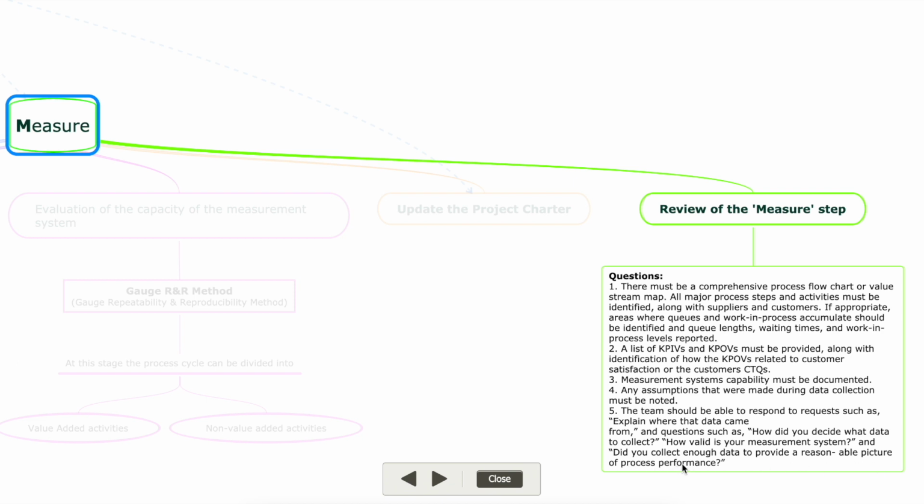So the team must understand the process very well, and it should be able to answer these questions: how they collected the data and why, how they decided to collect this particular data, meaning why not others, why these properties are measured, how valid these measurements are, and whether the data that you have collected is really sufficient to provide a reasonable picture of the process performance or not.